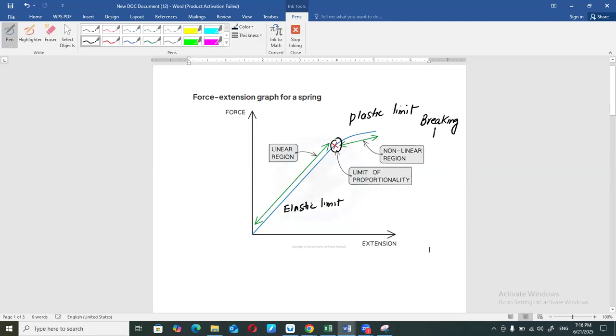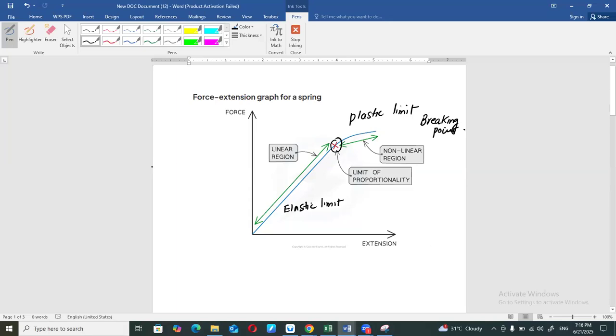This is called the breaking point. So, what is Hooke's law? Hooke's law means the force is directly proportional to the extension within the elastic limit, right?